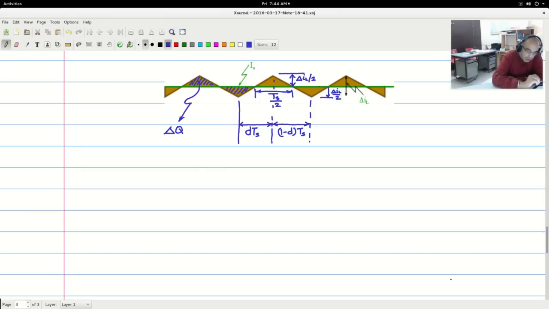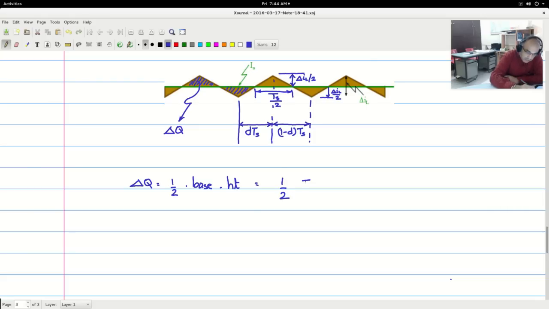The other base will also be Ts by 2. So now let us look at this triangle. The area of the triangle will give you the charge. So the charge will be half base into height of the triangle, which is half.